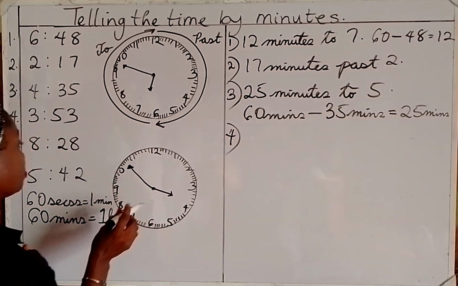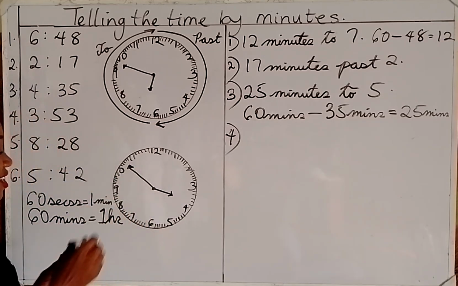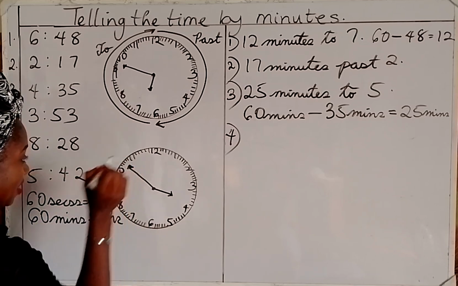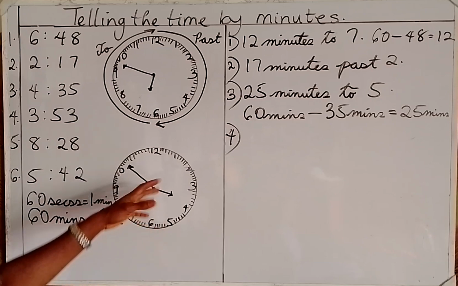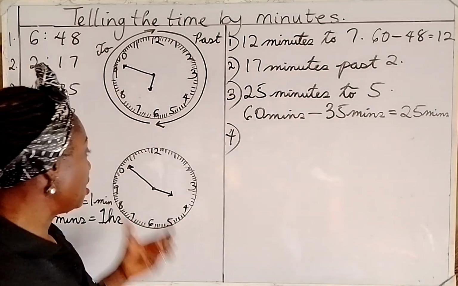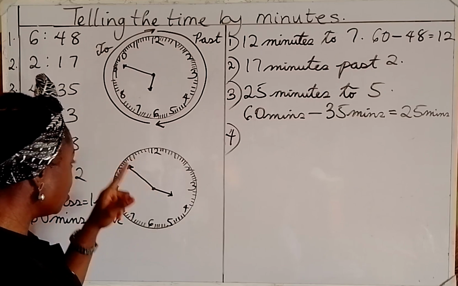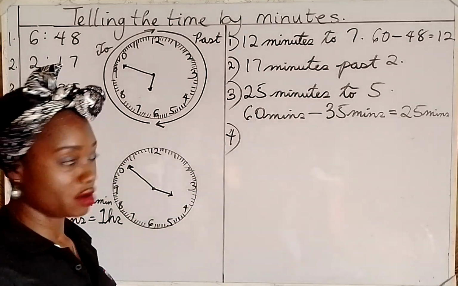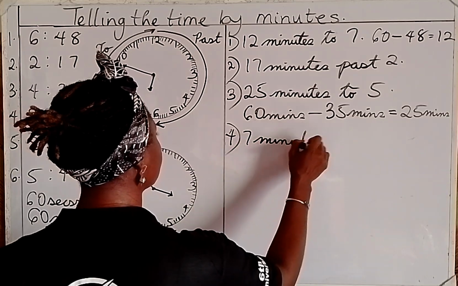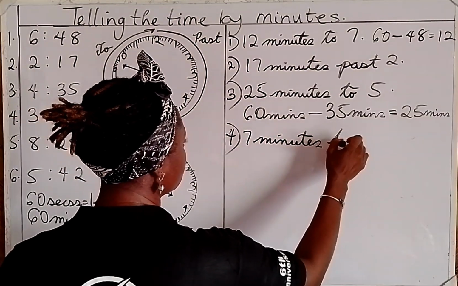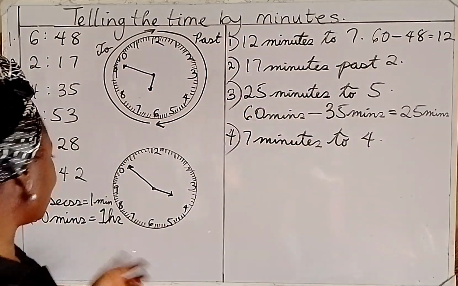So it is 3:53, which is almost time for 4 o'clock. So we count from here: 5, 6, 7. So it's 7 minutes to 4. And that's the answer.